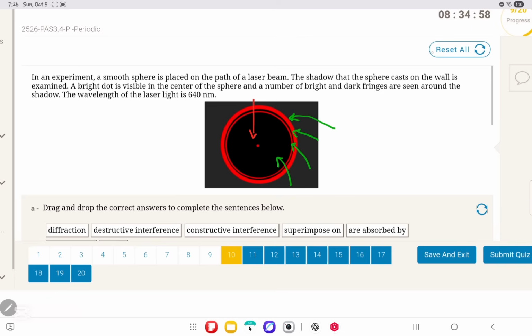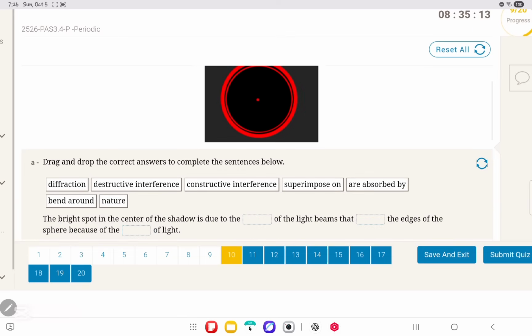What did they tell us as well? They told us that the wavelength of the laser light is 640 nanometer, so 640 times 10 to the power of minus 9 meters, okay? They told us that the bright spot in the center, this central brightness, what is it due to? When you see light, this is due to constructive interference, right? If you don't see light, if you see dark, this is due to destructive interference, okay?